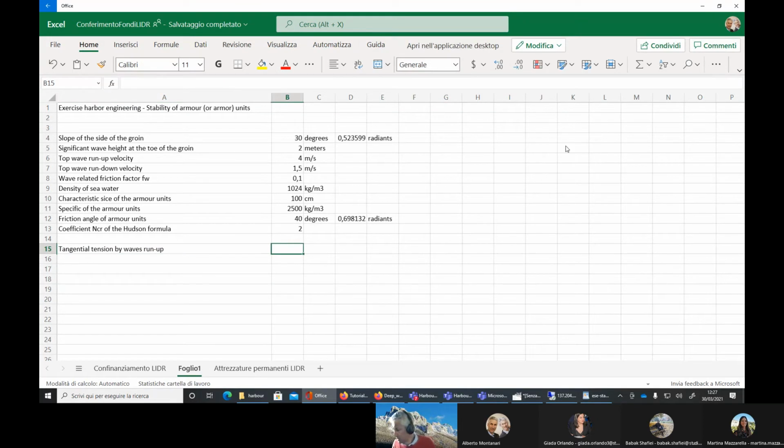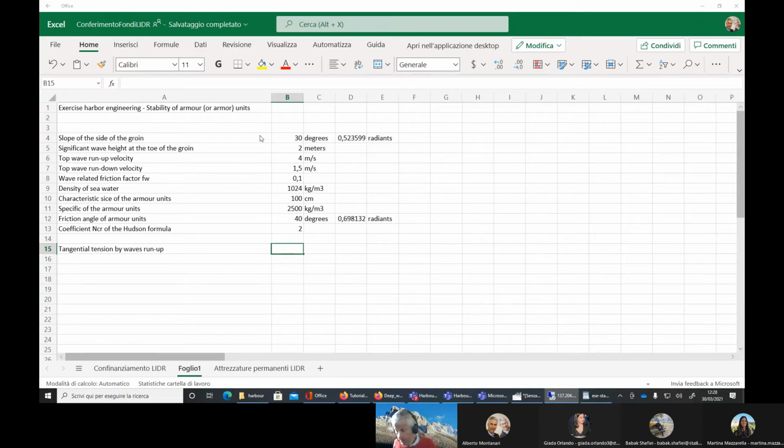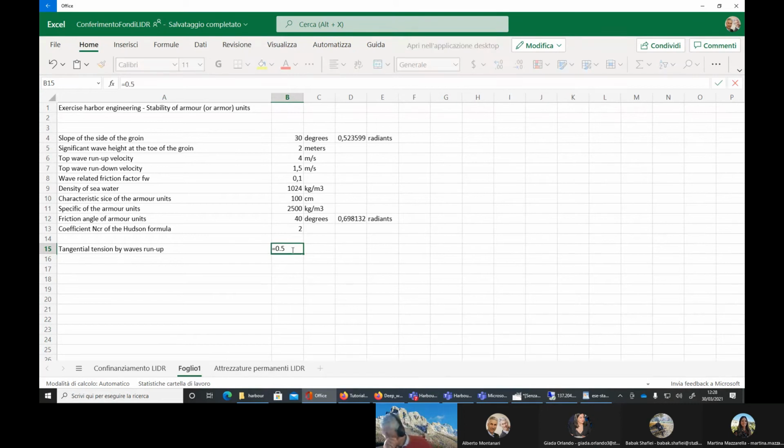Now this is precisely equal to 0.5 times the density of seawater. And then I have to multiply it by the wave related friction factor. Then I have to multiply it by the run up velocity squared.